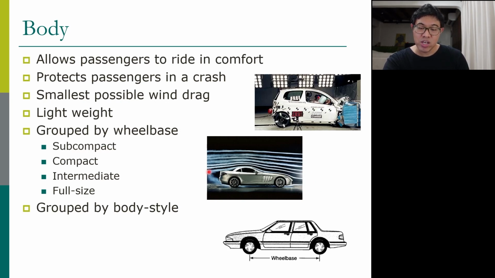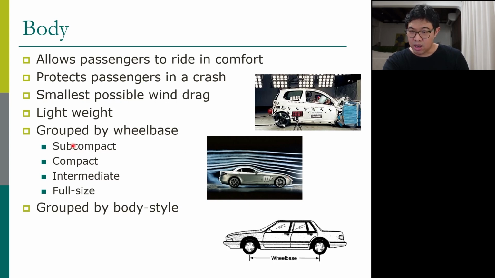The feature that we want for the body is a low drag coefficient, or drag force. So that's why you see cars with a very slender body, with a very small front.